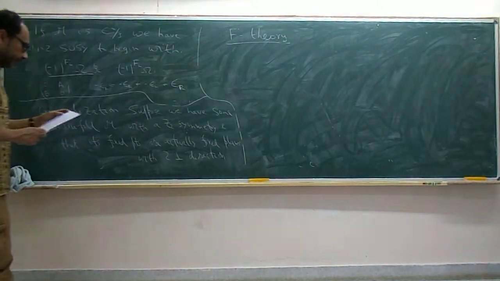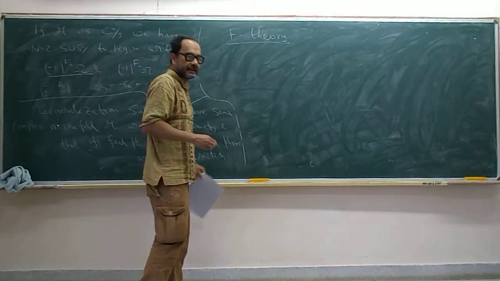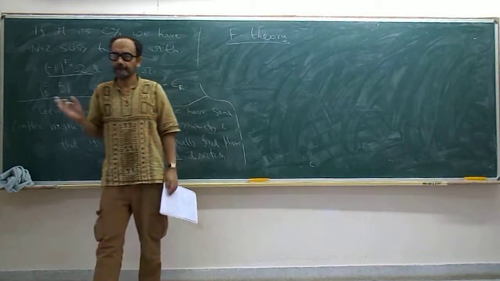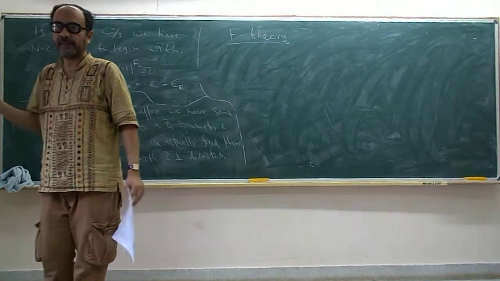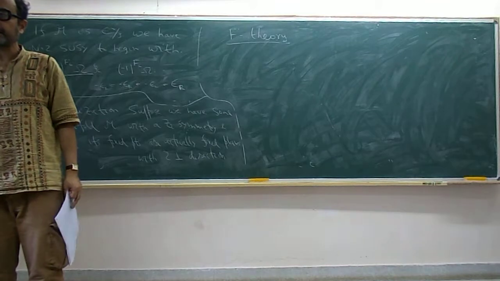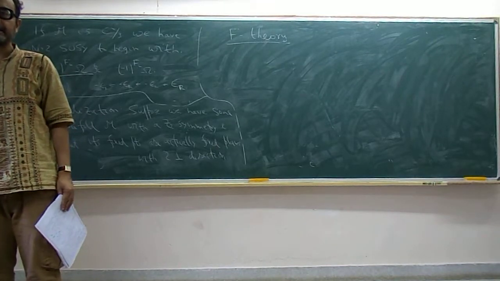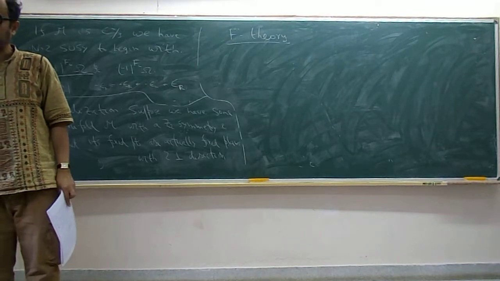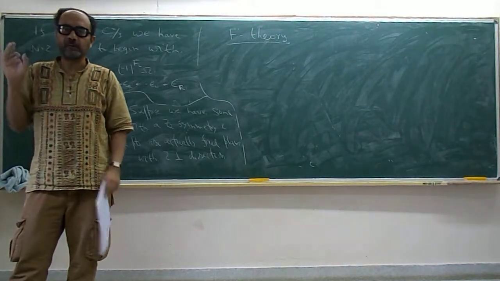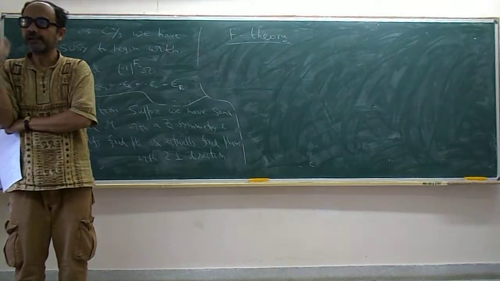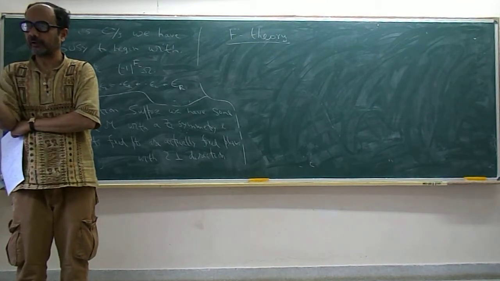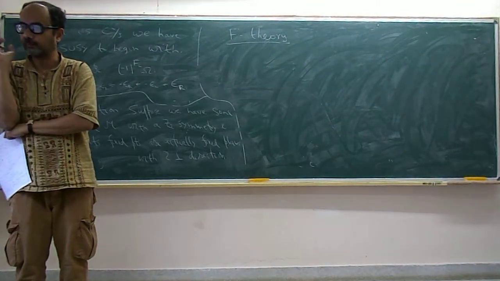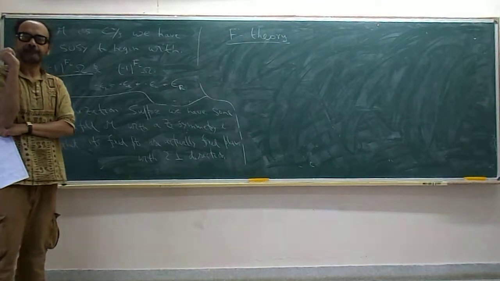Okay, so F theory compactification starts with, as I said, you could do it in general manifolds, not completely general, I will specify what the condition is, but you could discuss F theory without worrying about supersymmetry. But our goal will be to again try to preserve some supersymmetry. So we will be starting by describing supersymmetric F theory compactification, but the generalization should be clear.